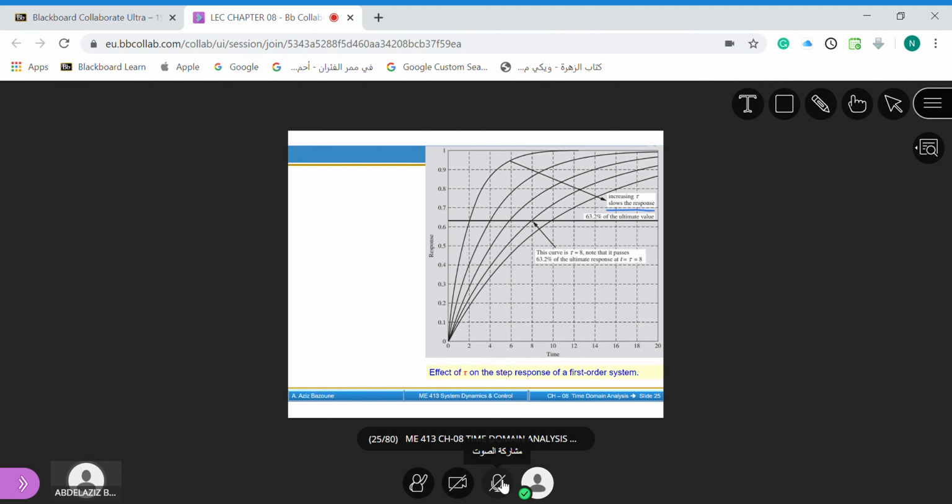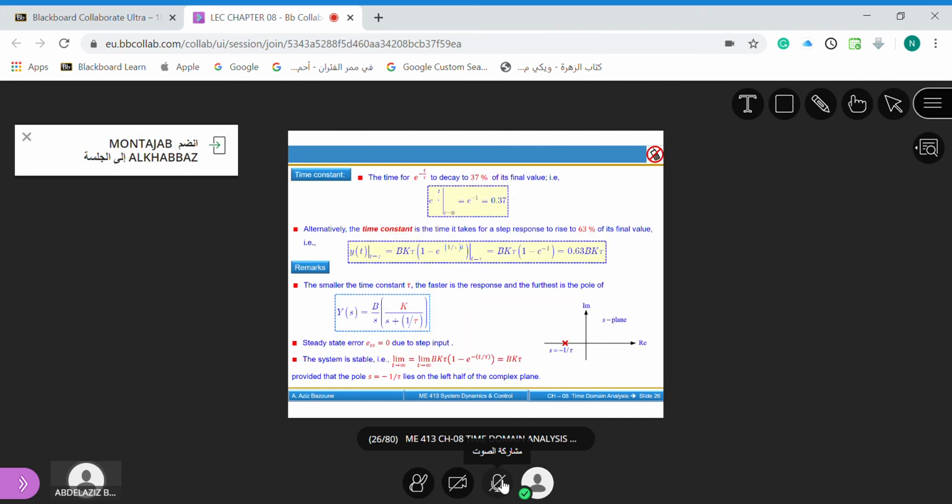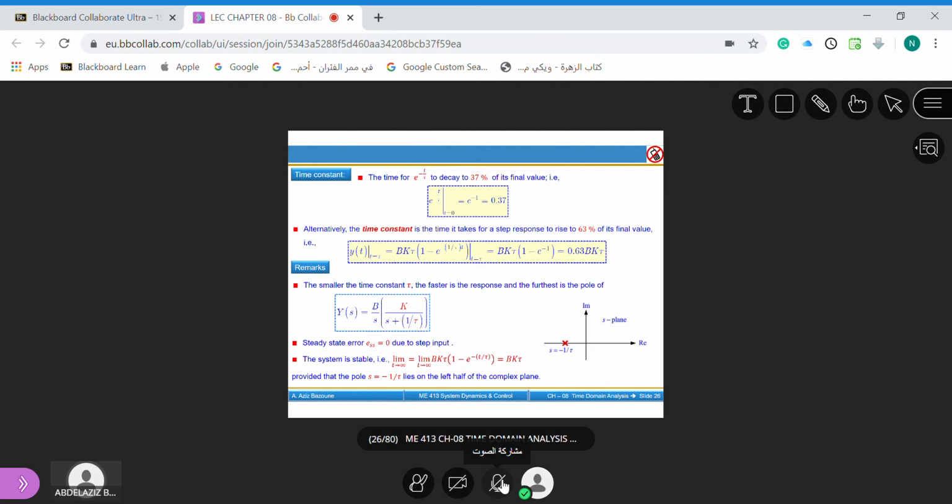The 63% line of the ultimate value is here. This is the tau value. And this curve is tau equal to 8, note that it passes 63%. The time for exponential -t over tau to decay to 37%, or 36.8%, will be this one.